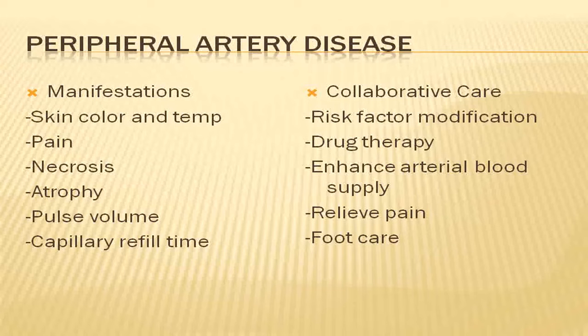And your book talks about some different surgical procedures that can be done for a person that has peripheral artery disease. So again, make sure you go over that information. There's a procedure of percutaneous transluminal balloon angioplasty. And what this is, is the insertion of a catheter through the femoral artery.